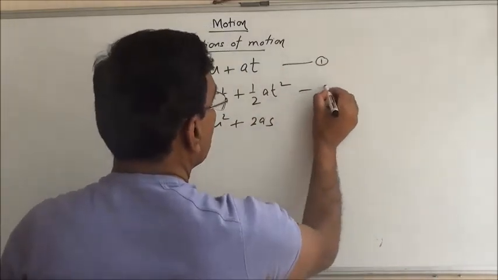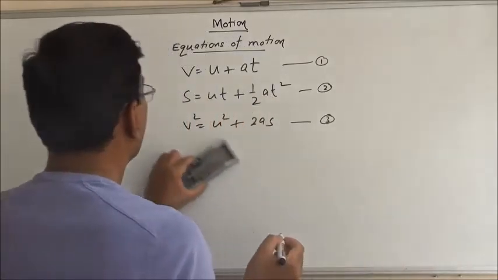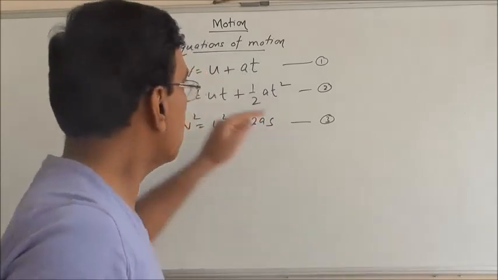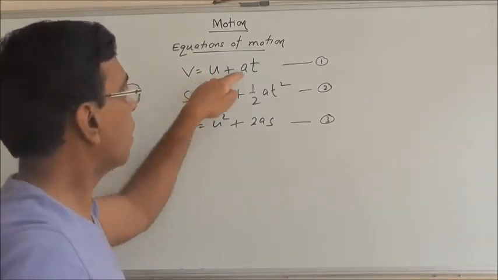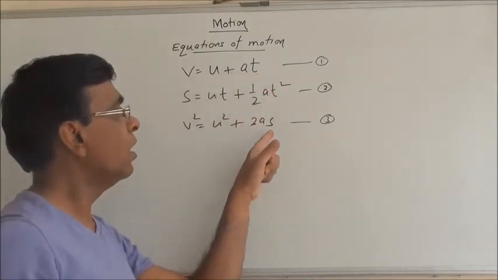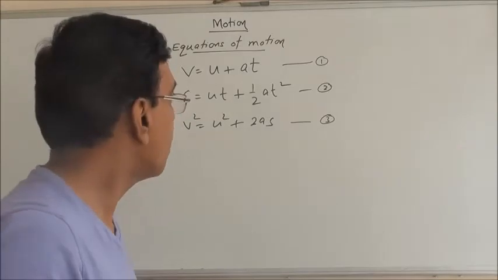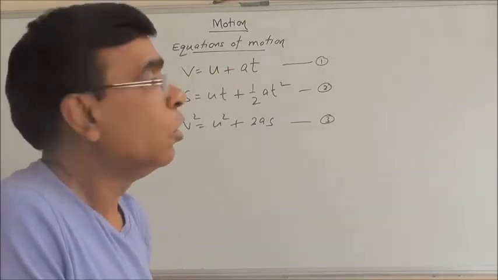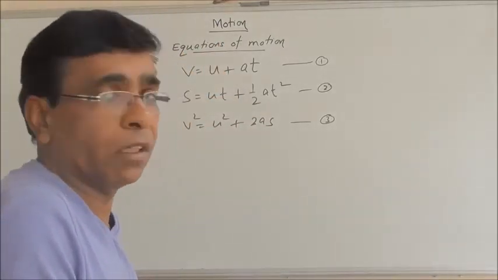These three equations are known as the equations of motion. u is initial velocity, v is final velocity, a is acceleration, t is time, s is the distance covered in this time t. These three equations are very useful and can be used to find out any unknown quantity given in the problem.